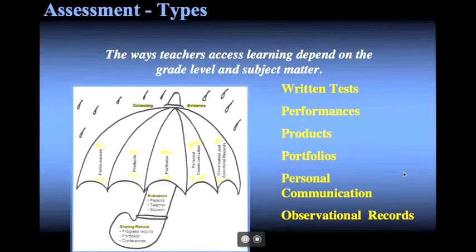So typically in looking at the types of things available to public school teachers, you have a wide umbrella of ways to collect information, from performances to actual finished products, to portfolios where you collect those finished products and performances. You can even use, as we see, personal communications and observational anecdotal records.